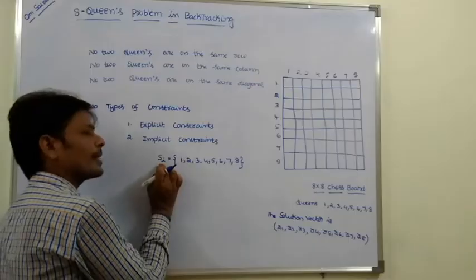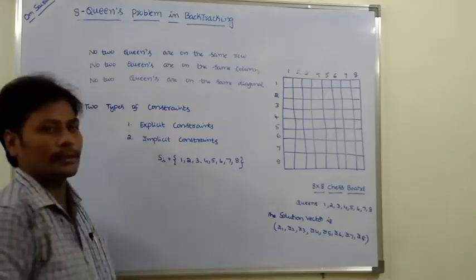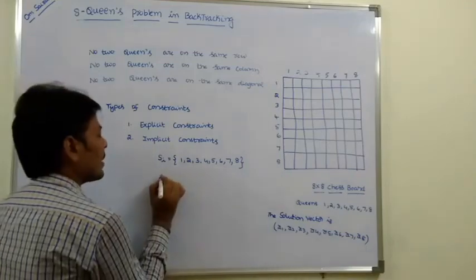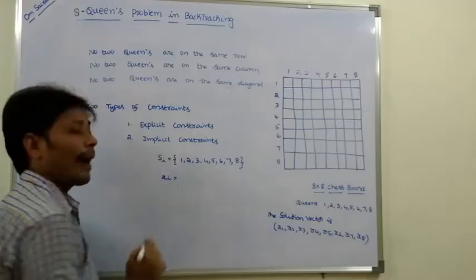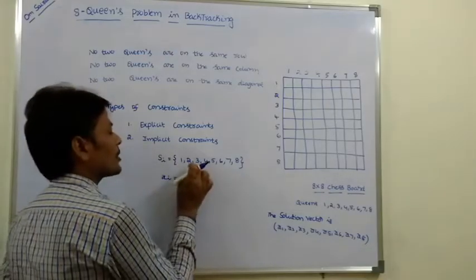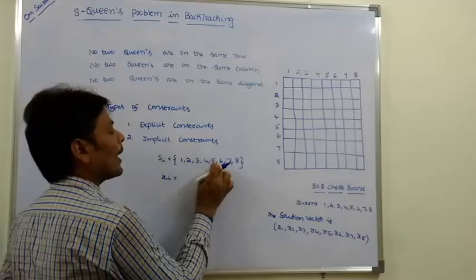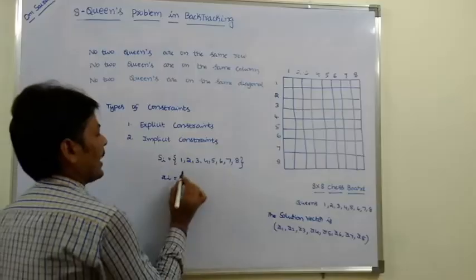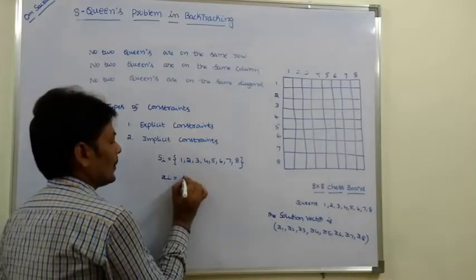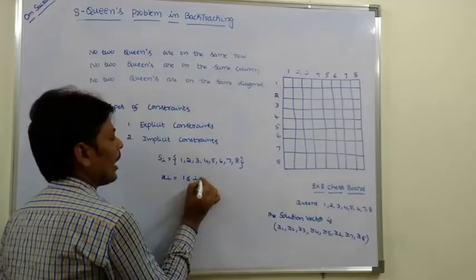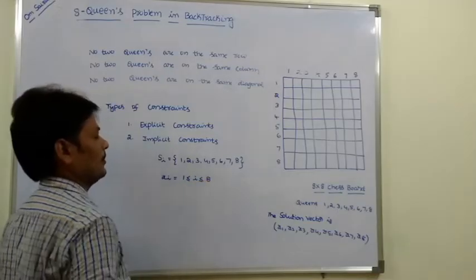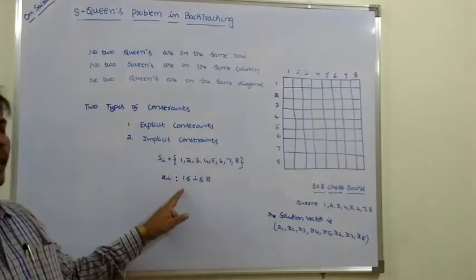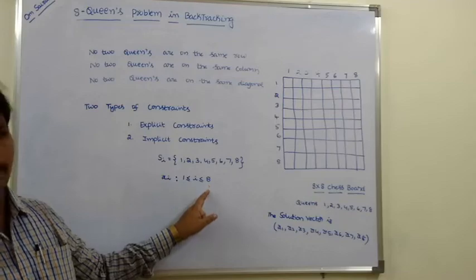Si contains the column numbers, that is 1, 2, 3, 4, 5, 6, 7, 8. So xi can take the values either 1 or 2 or 3 or 4 or 5 or 6 or 7 or 8, that is, 1 less than or equal to i less than or equal to 8.